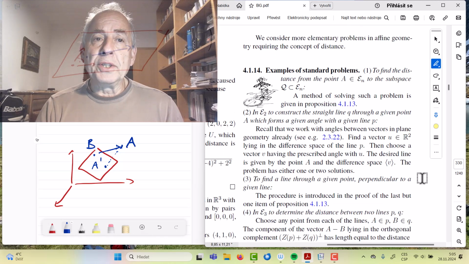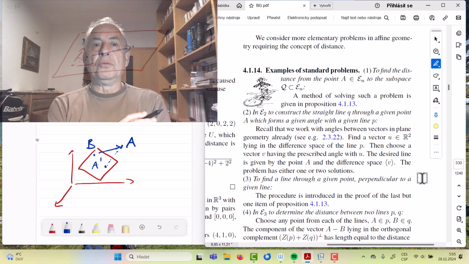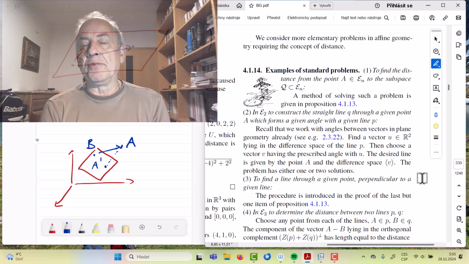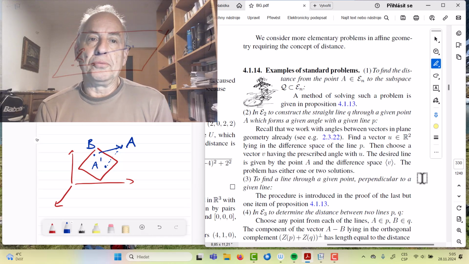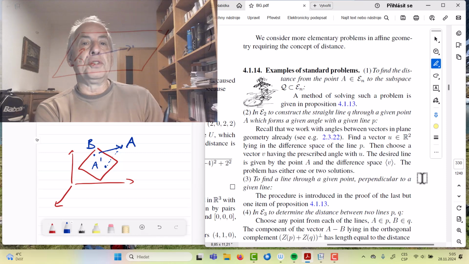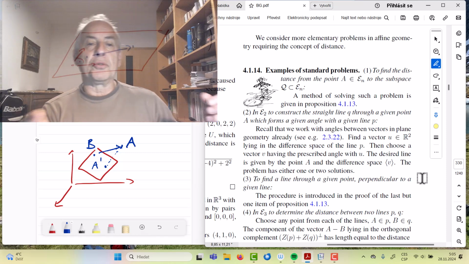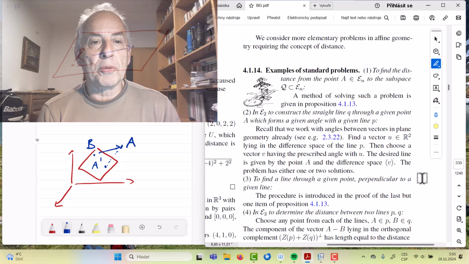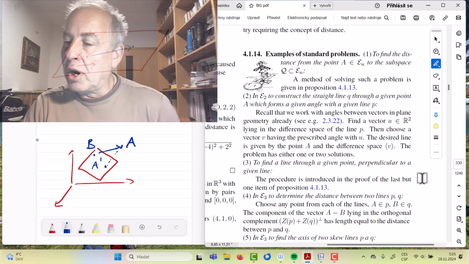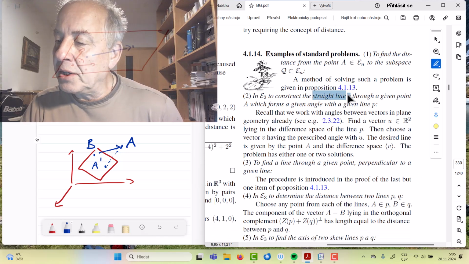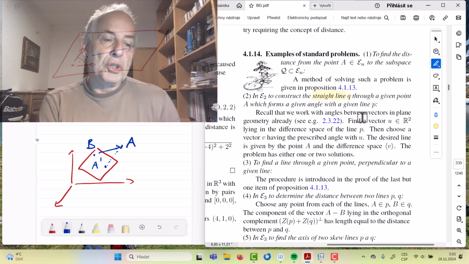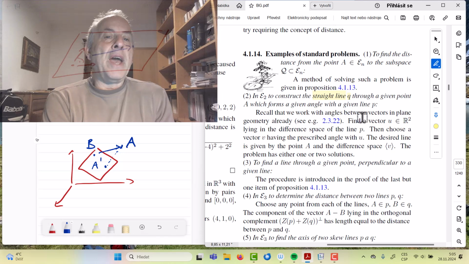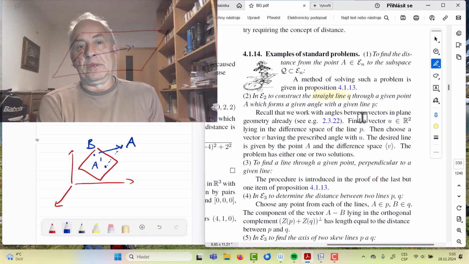Right, so what are the standard tasks to do? Like we did with the affine spaces, you have to find the distance of a point from a space or the distance of two subspaces. We talked about it already. You can be asked to construct a straight line Q through a given point which forms a given angle with some line.